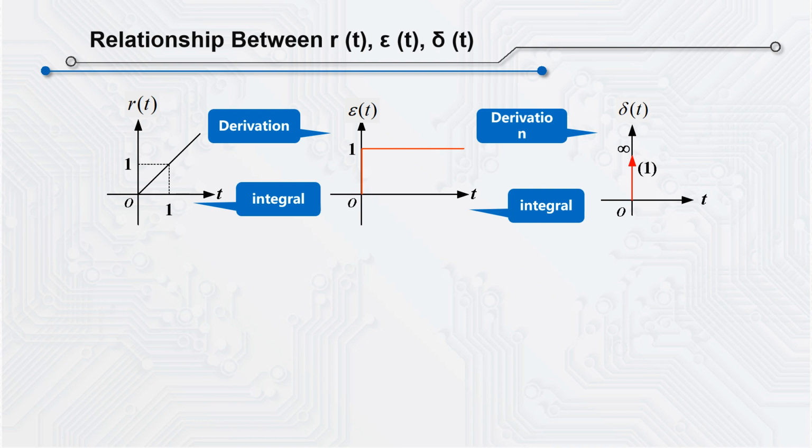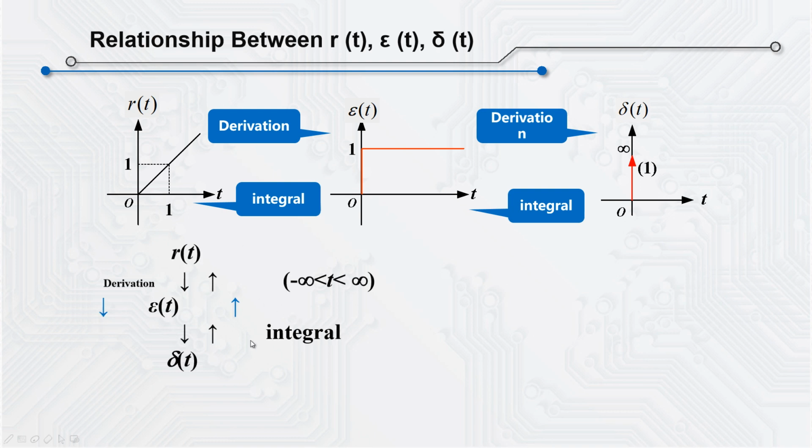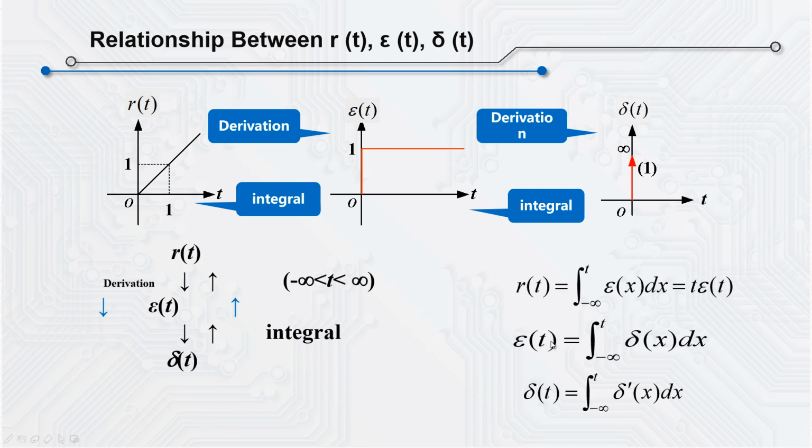And the integral of δ(t) is step signal ε(t). This is the relationship between them, and this is the mathematical expression of their relationship. Here, you should notice that the integral of δ'(t) is equal to 0, and the integral of δ(t) is 1. That is to say, the integral of impulse couple is 0, and the integral of impulse function is 1.